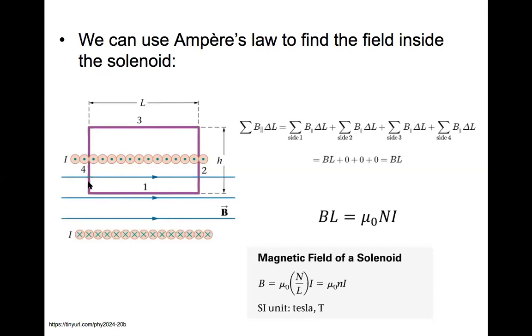On the fourth side, B is perpendicular to delta L, so B parallel times delta L is again 0.